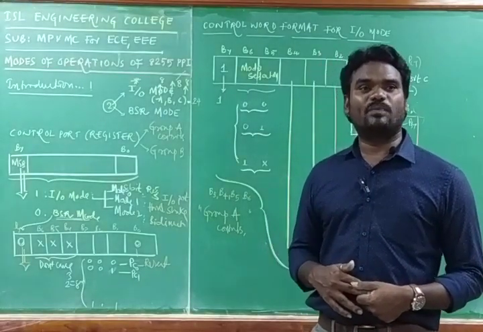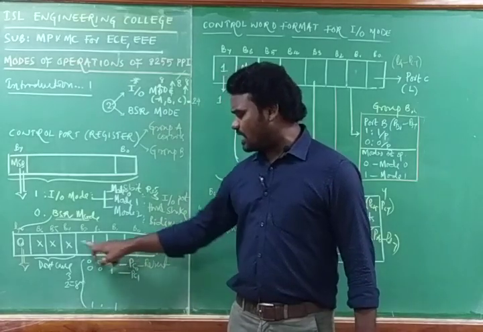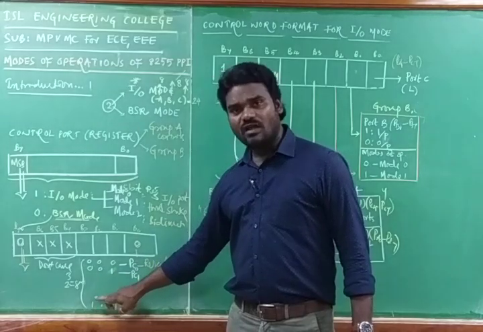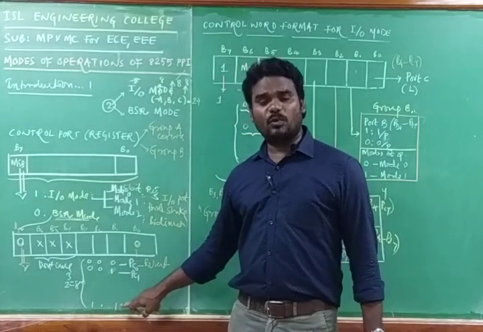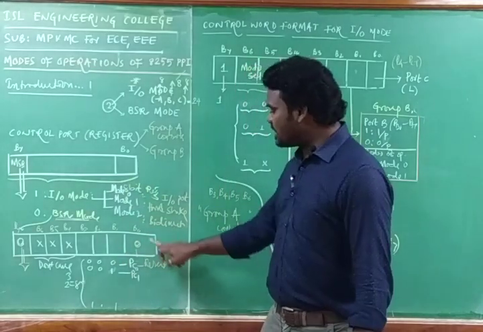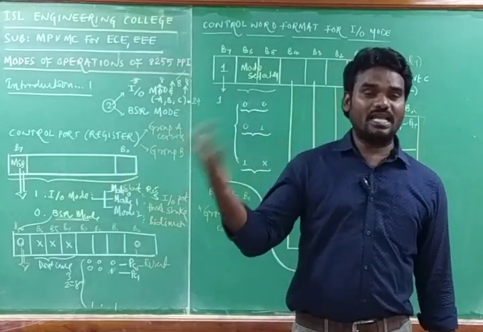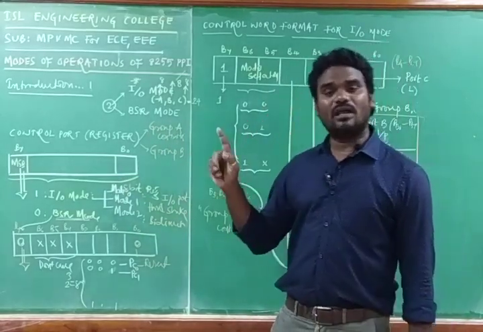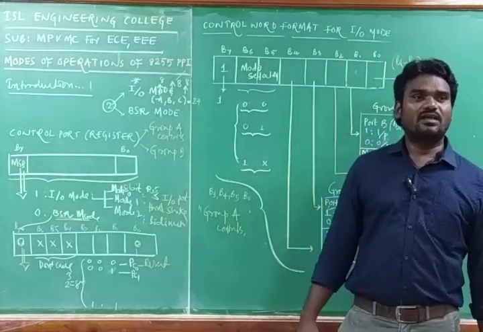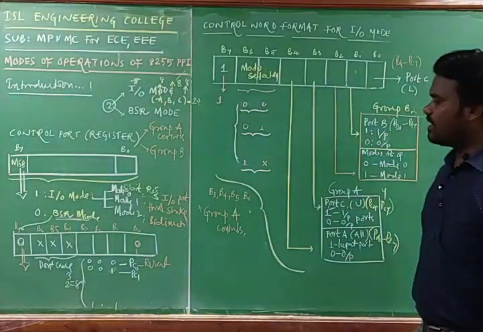What is the last combination of B3, B2, B1? It is 1, 1, 1, so port C7 will be selected. Based on B0, if B0 is 0, port C7 will be reset; if B0 is 1, the same port C7 signal will be set. Such that we can go with the complete control word format of the BSR mode.